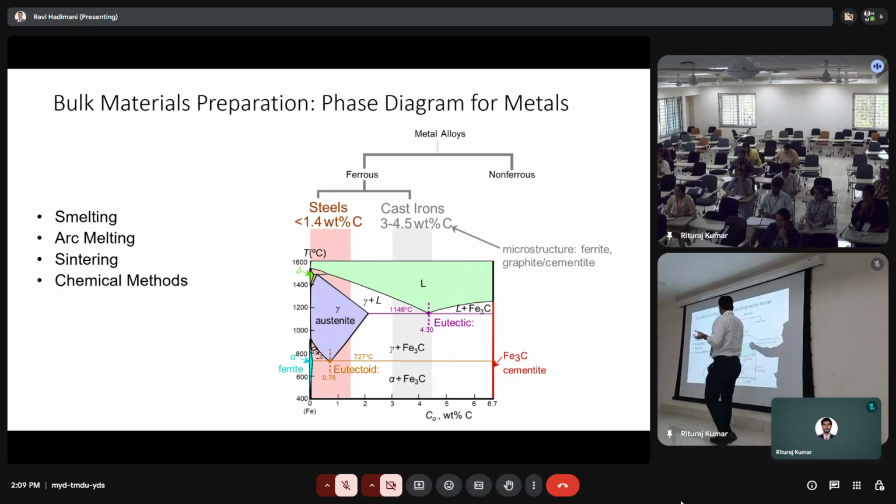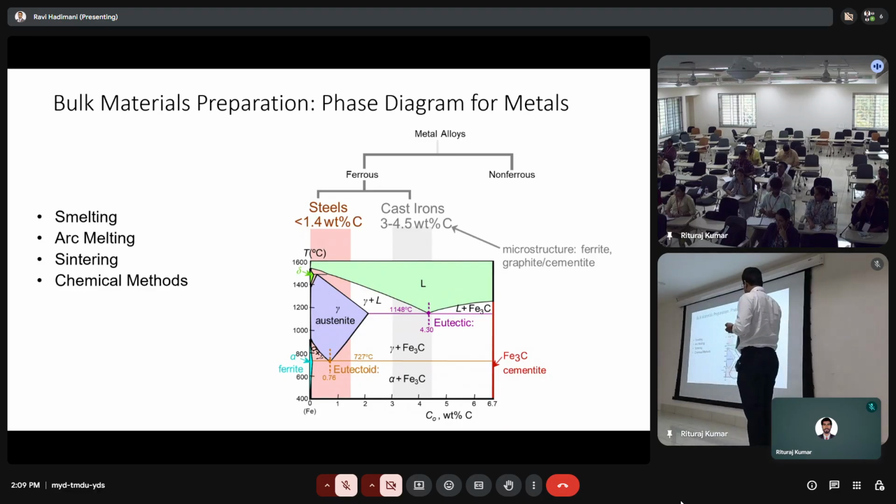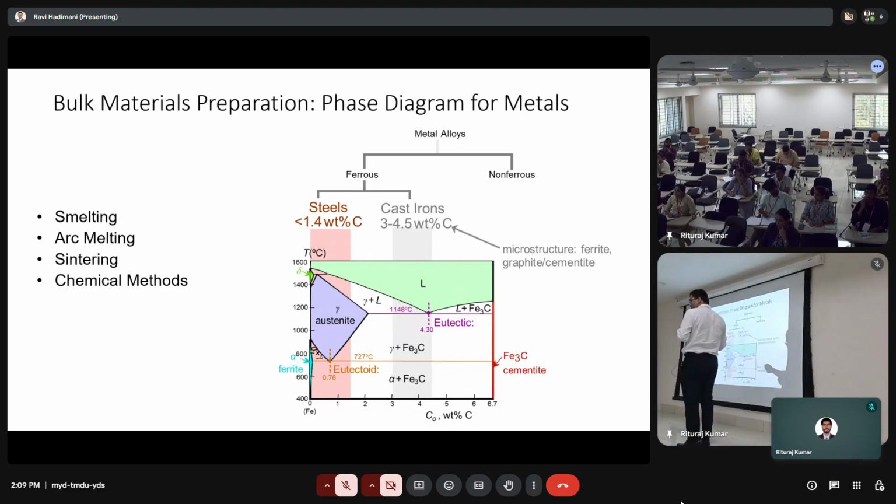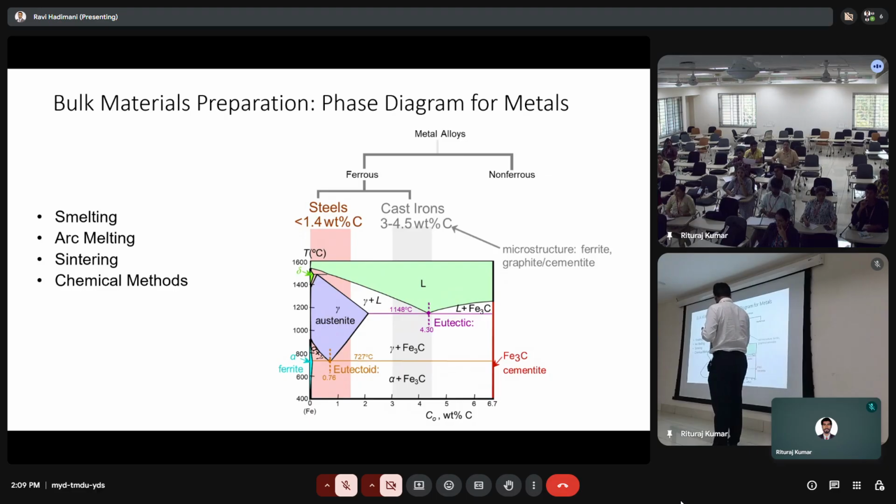So again, to determine that, you need to understand the phase diagram. If the carbon content is smaller than 1.4 weight percent of carbon, which is somewhere here, this is all steels, and if it is above 3.3 to 4.5, this is all cast iron.